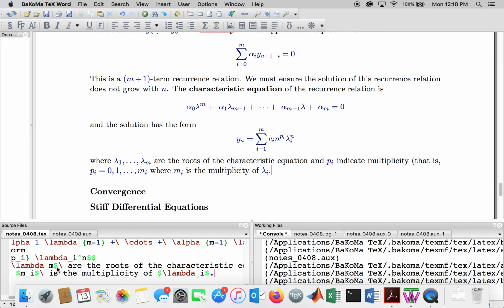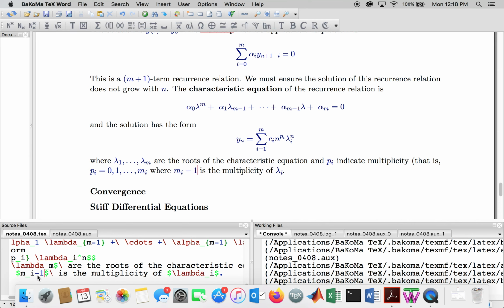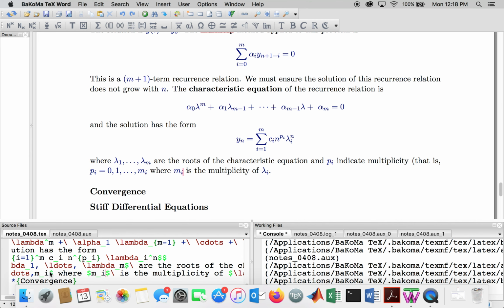So that's why if all roots are distinct, if multiplicity is 1, then pi can only be 0.